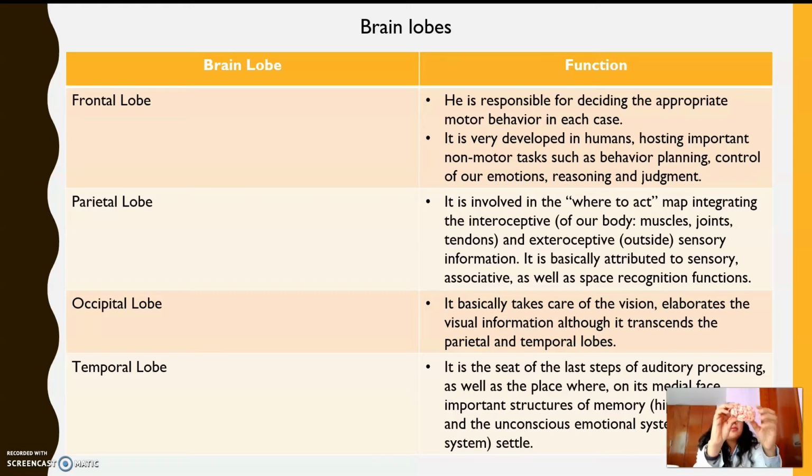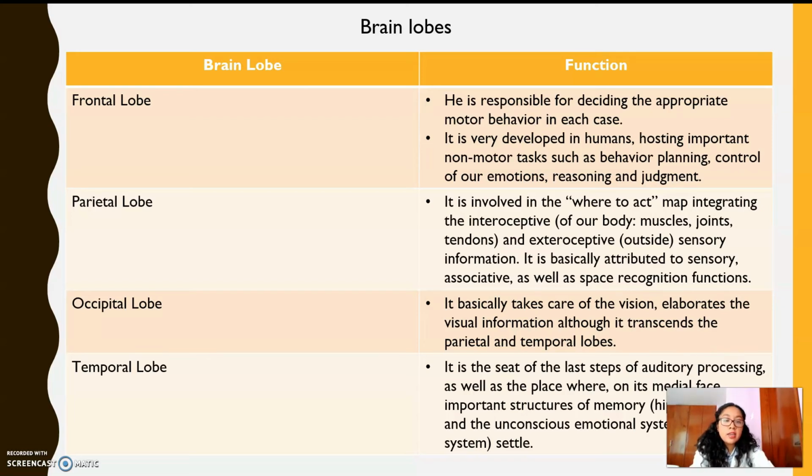The occipital lobe is for visual information, and the temporal lobe is very important because it has important memory structures like the hippocampus and the unconscious emotional system.